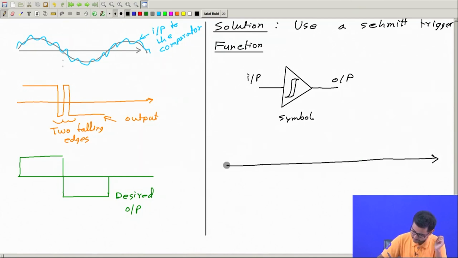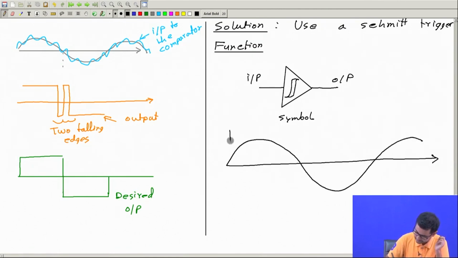Let me take a sine wave. Okay. So, this is the input, this is time, this is 0 volt or input equal to 0.